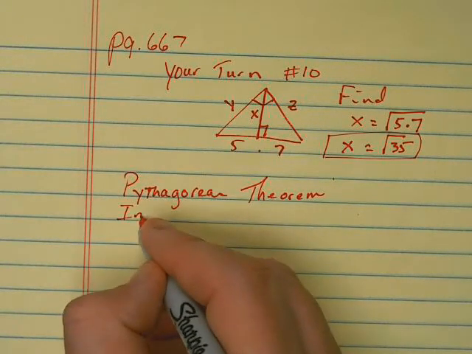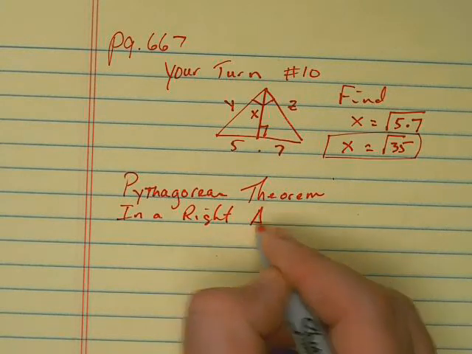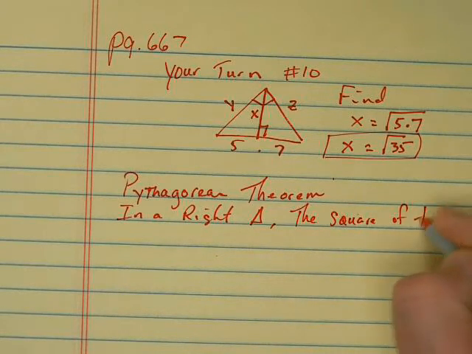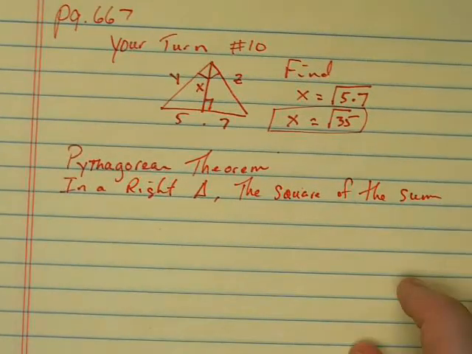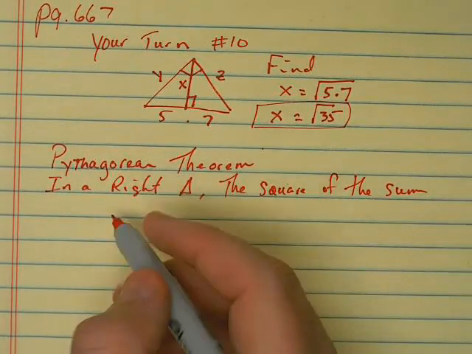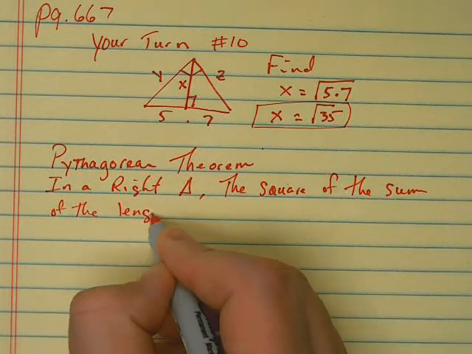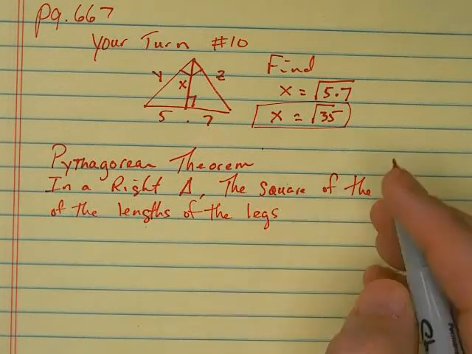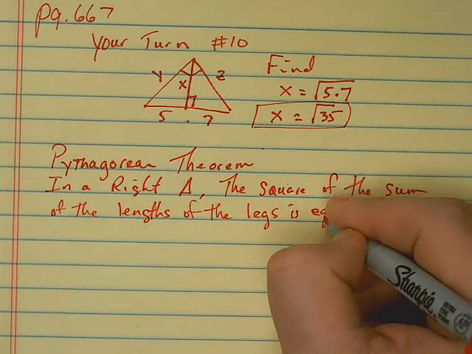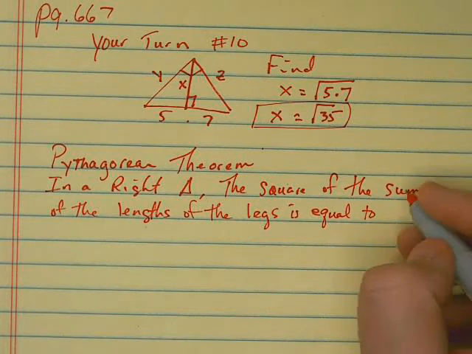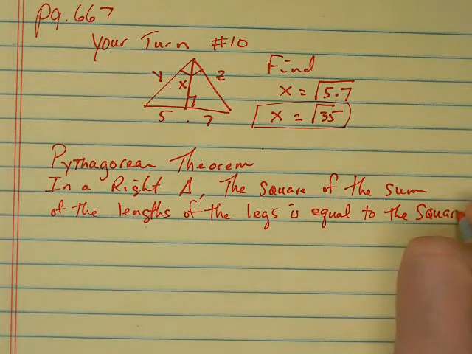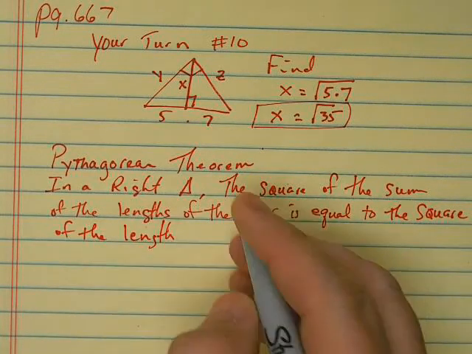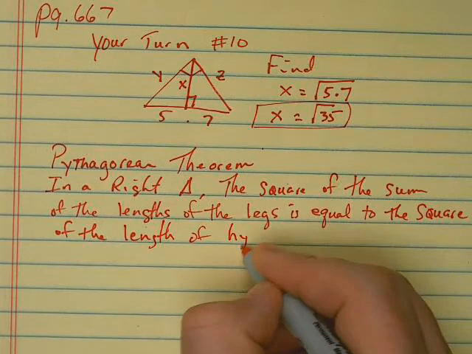It says, in a right triangle, the sum of the squares of the lengths of the legs is equal to the square of the length of the hypotenuse.